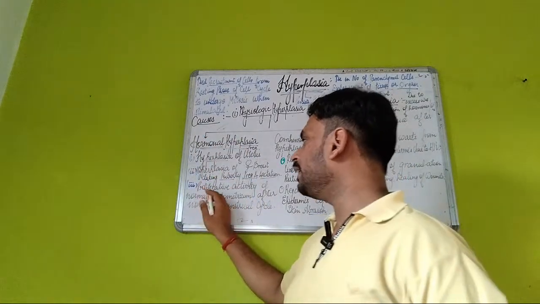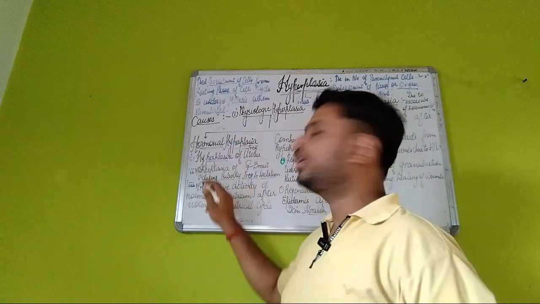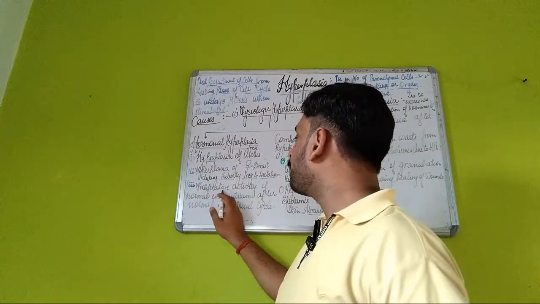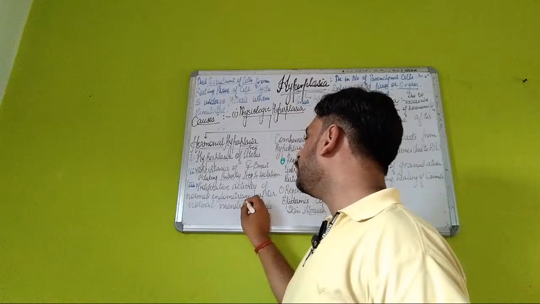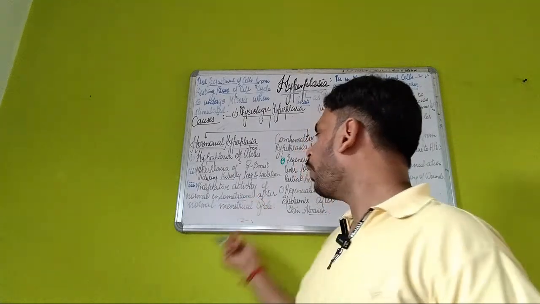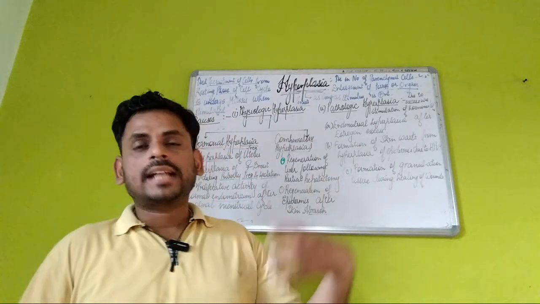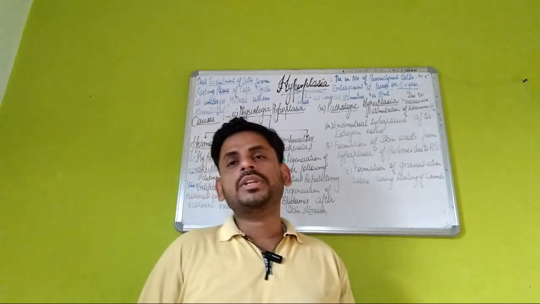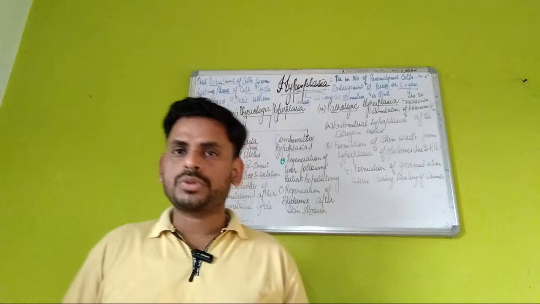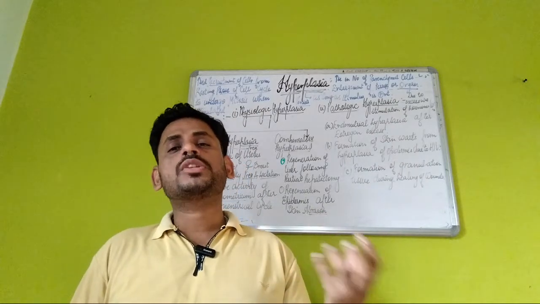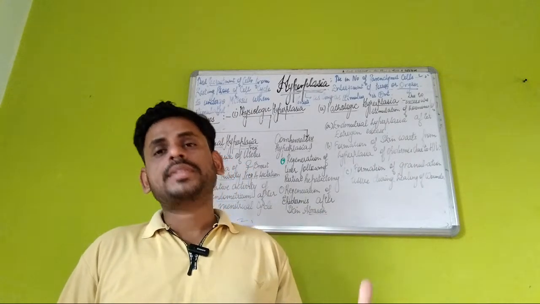Next, the next example of hormonal hyperplasia is the proliferative activity of the normal endometrium of the normal menstrual cycle. In the menstrual cycle, there is shedding off of the endometrial cells. The endometrial cells are going to shed, and ultimately they pass through the menstrual blood.